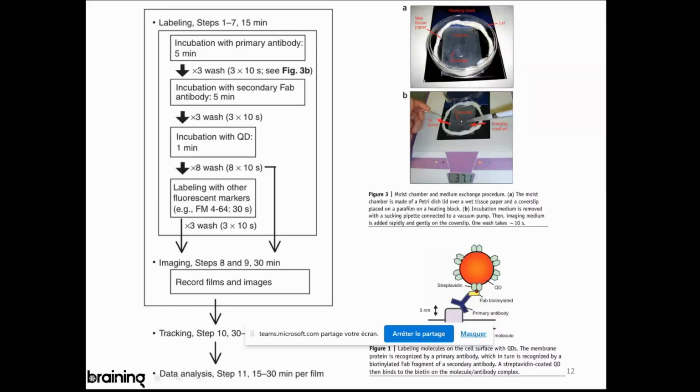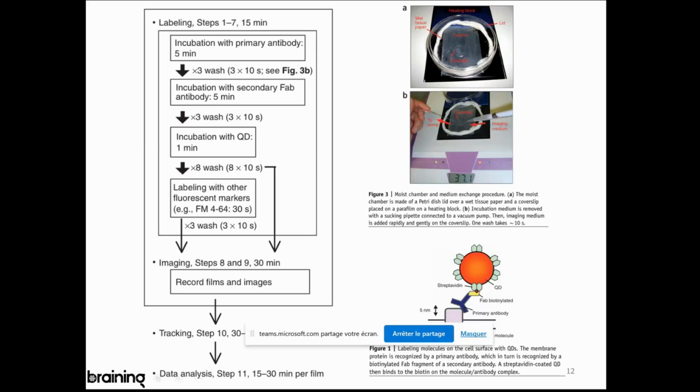And we do the labeling at 37 degrees on a heating block to speed up the labeling. And here you have the conditions. So for instance, we have a typical immunocytochemistry: primary antibody, we wash, we add the secondary antibody, we wash again, and then we add our quantum dots, which are coupled, for this example, with streptavidin.